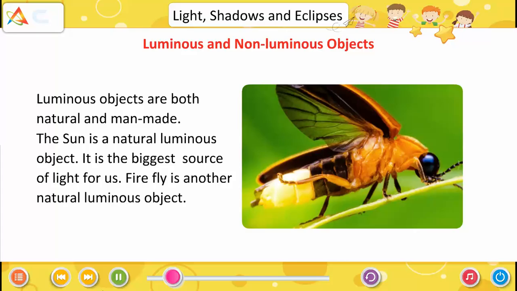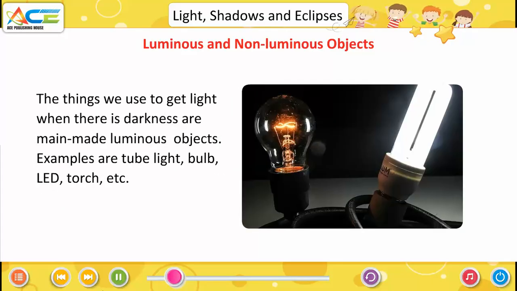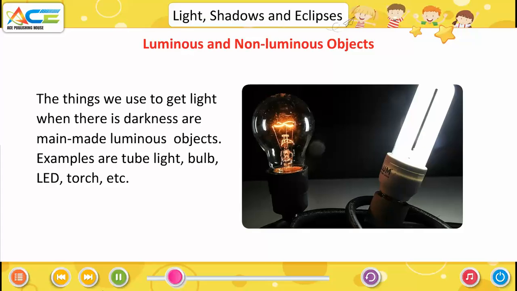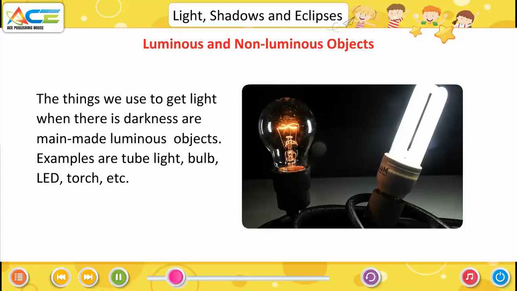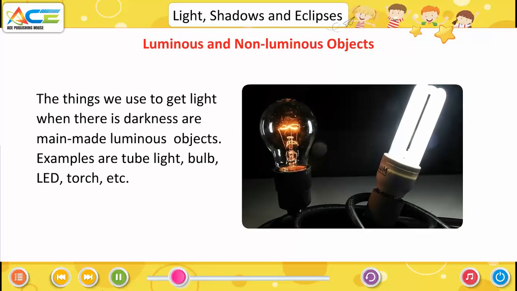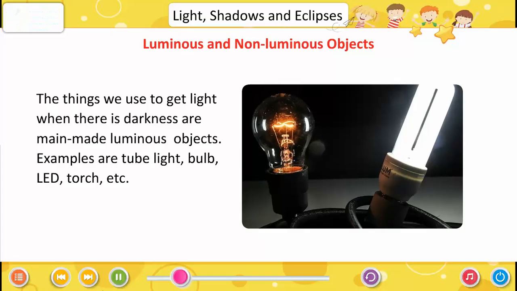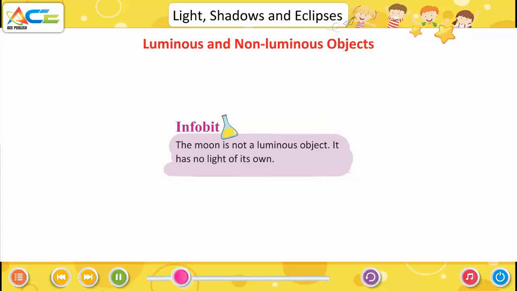Firefly is another natural luminous object. The things we use to get light when there is darkness are man-made luminous objects. Examples are tube light, bulb, LED, torch, etc. The moon is not a luminous object.